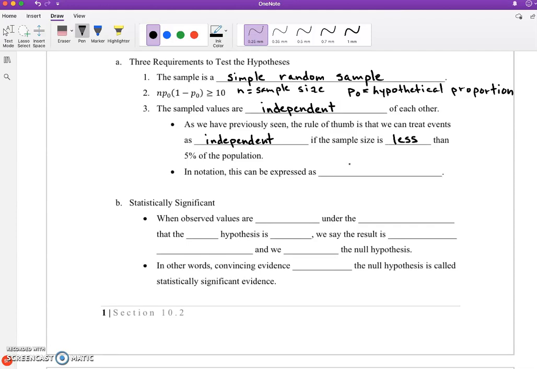So if we use notation to express that, lowercase n, which is the sample size, is less than or equal to 0.05 capital N, and capital N is the population size.